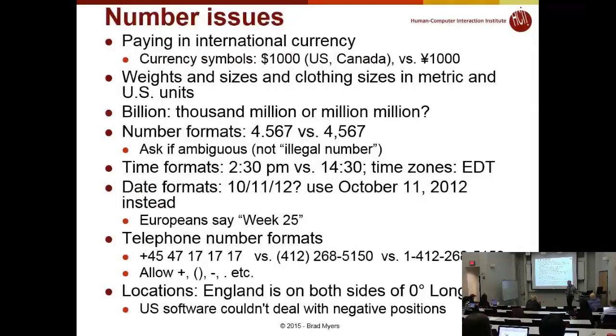There are lots of interesting issues with numbers. Obviously, the symbols for currency vary all over the world. The annoying thing, of course, is that the dollar sign is not unique. There's American dollars, there's Canadian dollars, there's Australian dollars, and they're all totally different amounts.